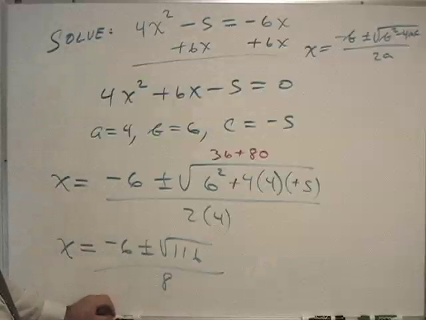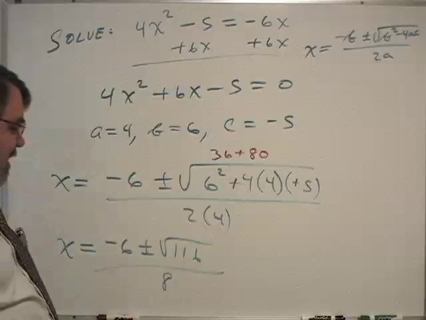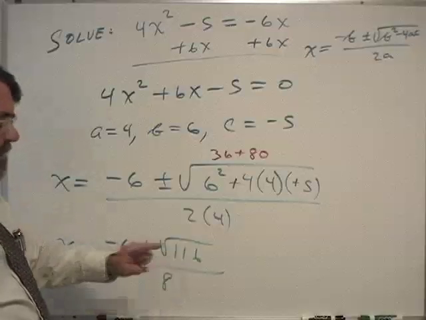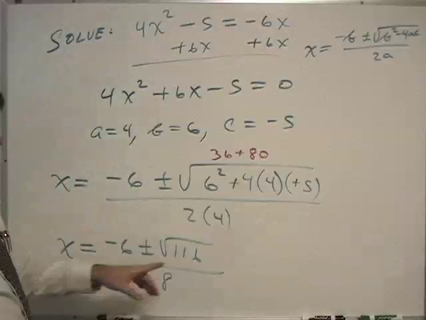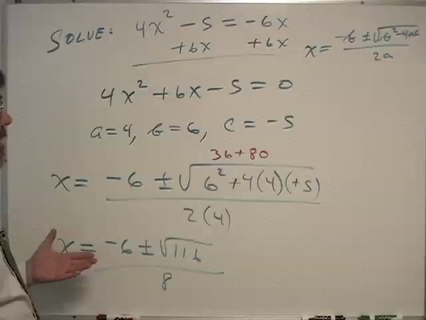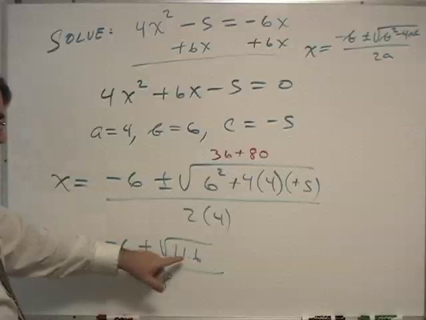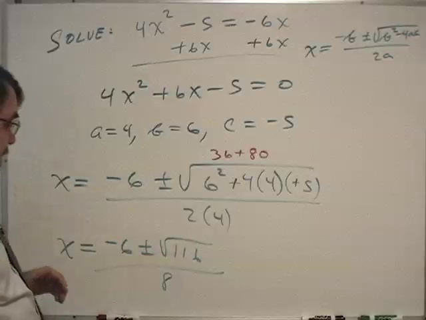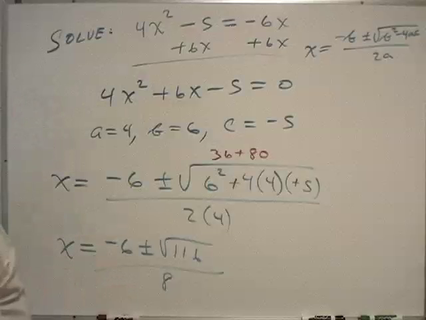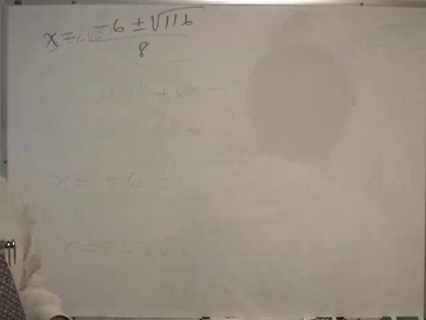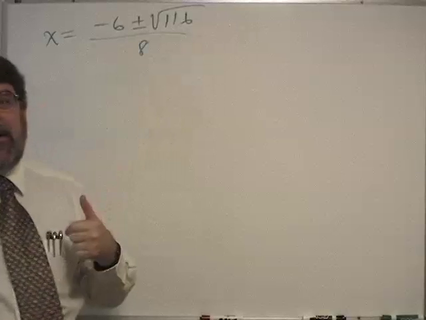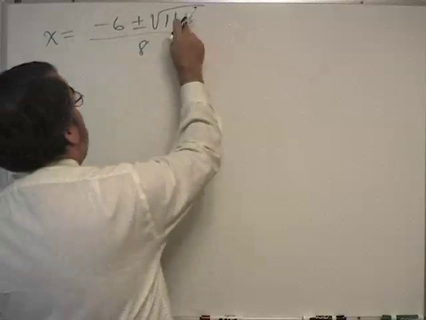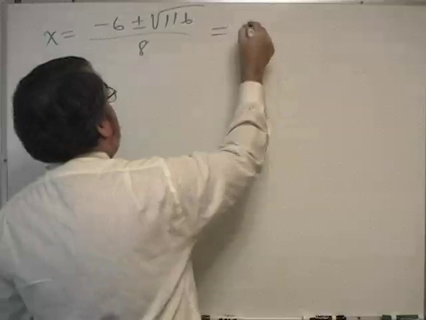All right, well, we're not done by any means, because the square root of 116 can be simplified. We can divide 4 into 116 evenly, and 4 is a perfect square, so we can simplify this. I need to make some room, so I'm going to do some erasing here. Okay, I've erased the board and recopied where we left off up here, and I'm going to simplify this square root.